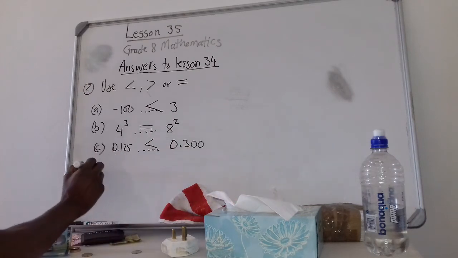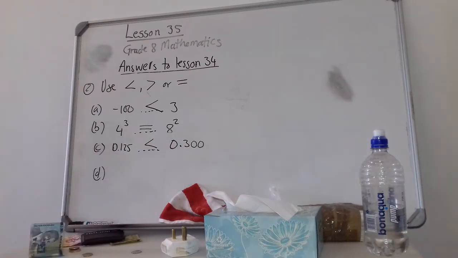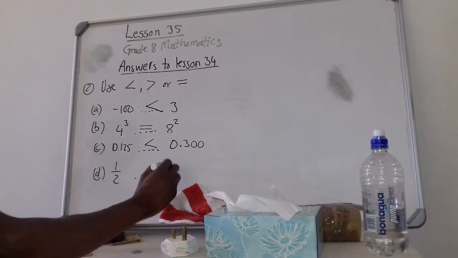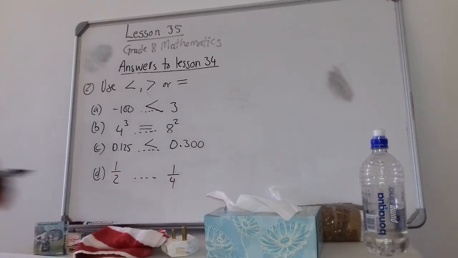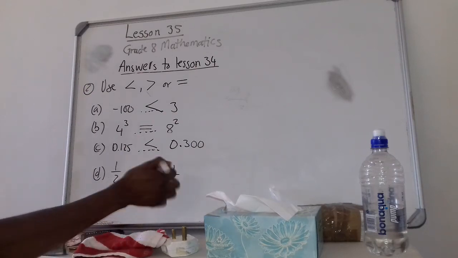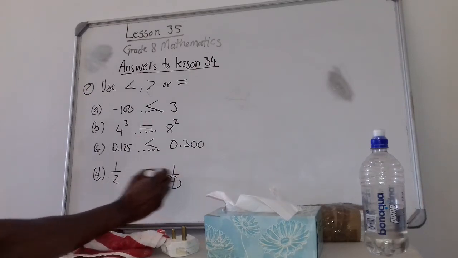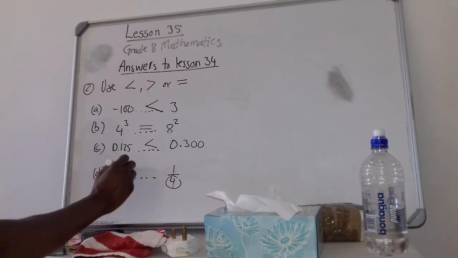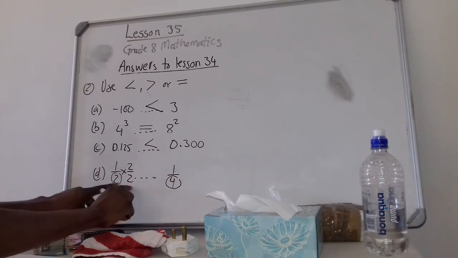Then the last one is 1 over 2 and 1 over 4. When you compare common fractions, you need to make sure that the denominators are the same. So we can multiply 1 over 2 by 2 over 2 so that we get a 4 at the bottom.